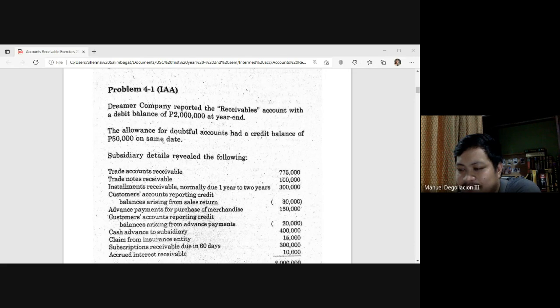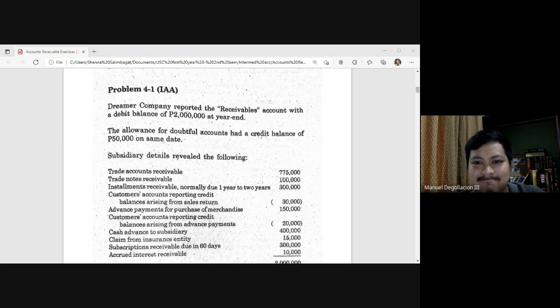Okay, but as you go along your study of accounting, class, you will understand and realize that indeed accounting is an art. There is no hard and fast rule for the journal entries, so long as you'll be able to arrive at the correct amounts that will have to be reported in your financial statements, so long as the balances that will appear in your ledger would be compliant with the standards, then everything will be fine.